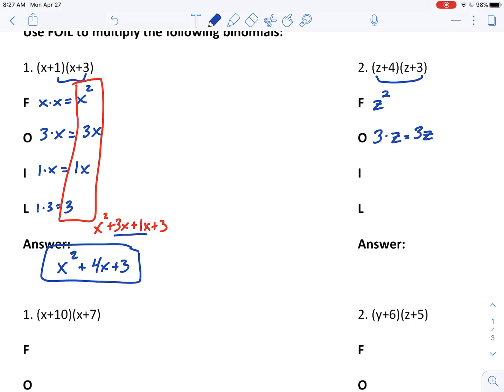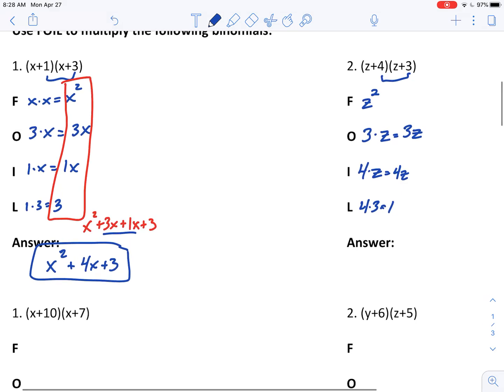All right, let's try number 2. First, so FOIL, F stands for first, z times z is z squared. Outer, z times 3, or 3 times z, is 3z.